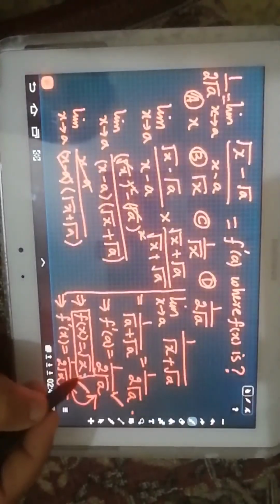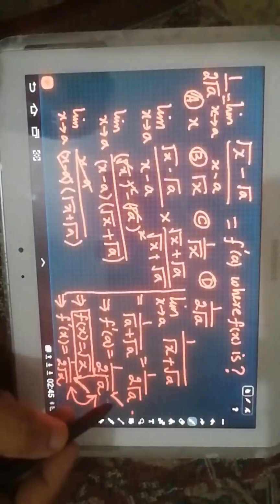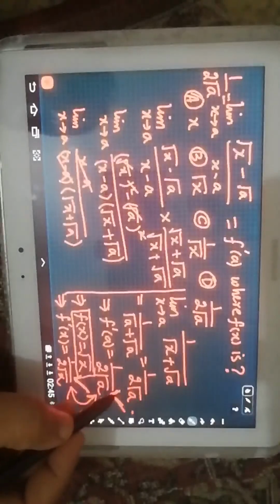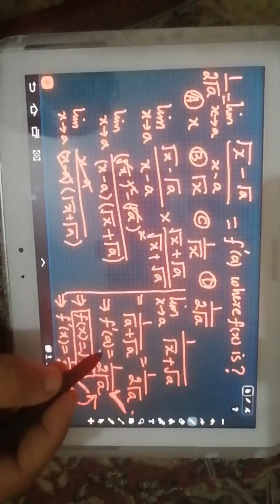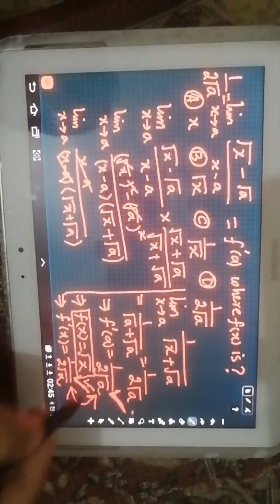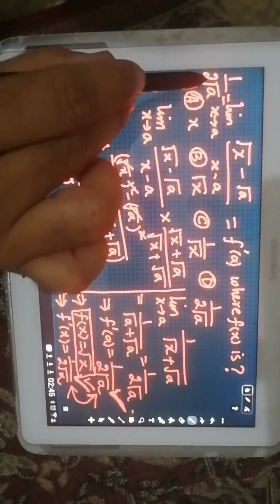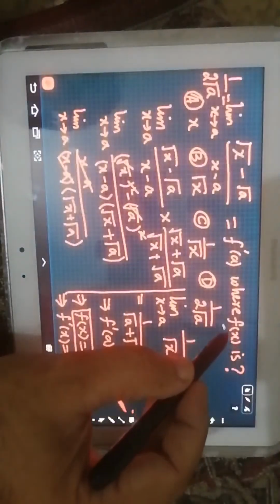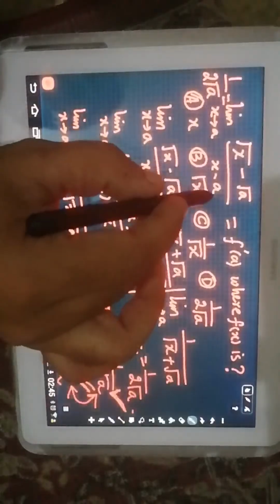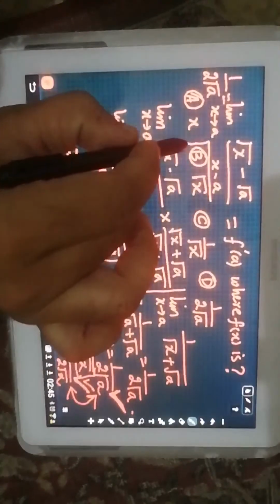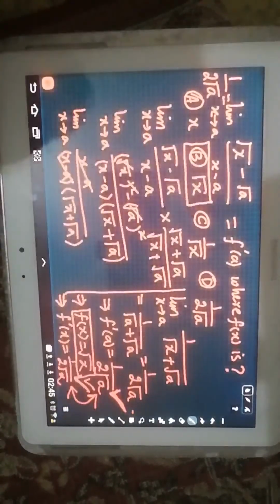In this case, this can be obtained from using the derivative of this function. So when we have f prime of a equal to 1 by 2 square root a, then the function f of x is this one. Option B is correct.